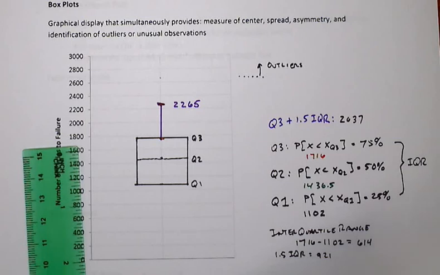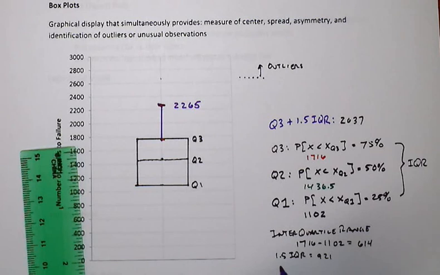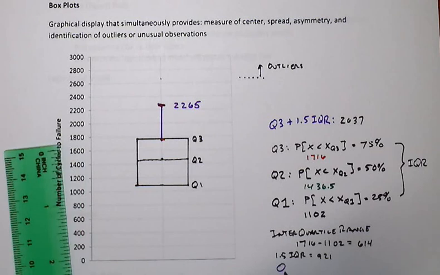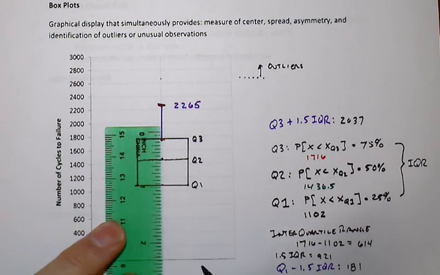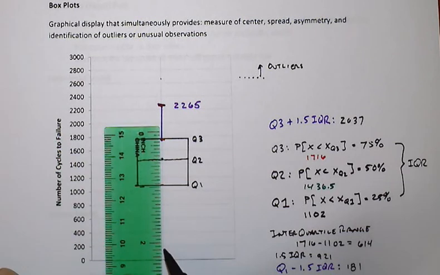Down here at the bottom end, we have Q1 minus 1.5 IQR, and that number is going to be 181 for our potential location of our lower whisker.